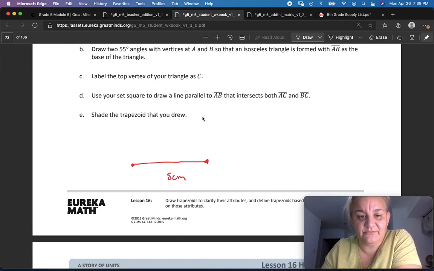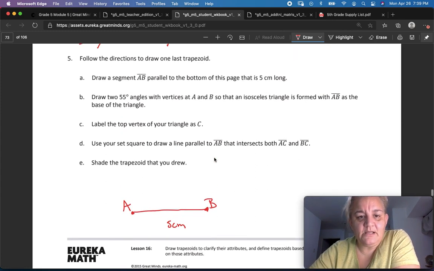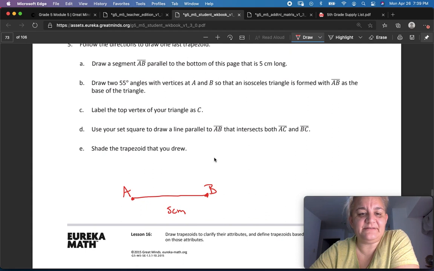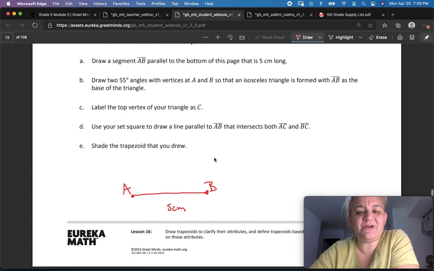Measure it with your ruler. This is geometry. We can't just pretend. Okay? 5 centimeters long. Draw two 55 angles with vertices at A and B so that an isosceles triangle is formed with AB as the base of the triangle.